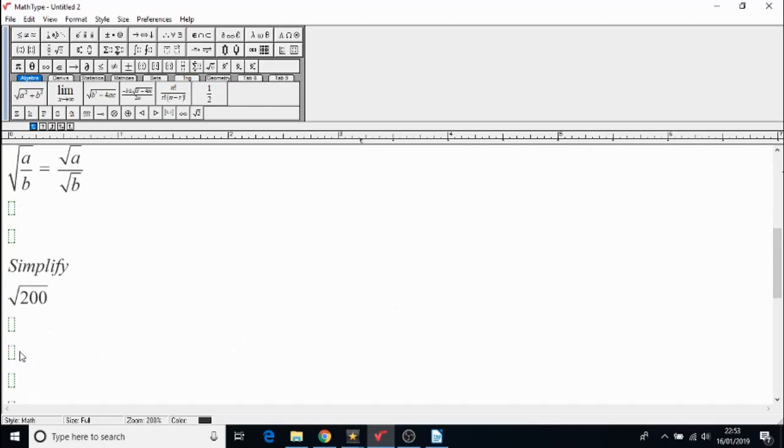First question: simplify the square root of 200. Let's first write out the question. Now, this is where we can apply the first rule.